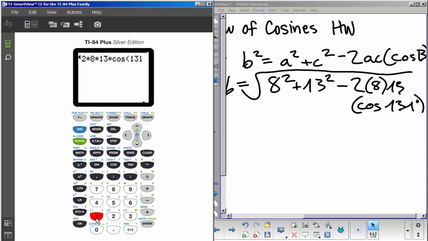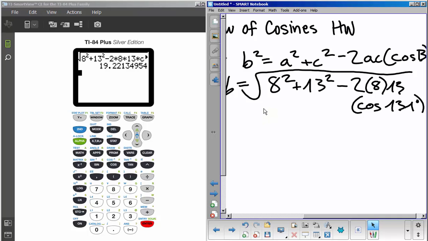Close the angle, close it, pop off with the square root, there you go, and then enter. So for B, that would equal 19.22. There's no label on the units, that's fine. We'll just go with units.